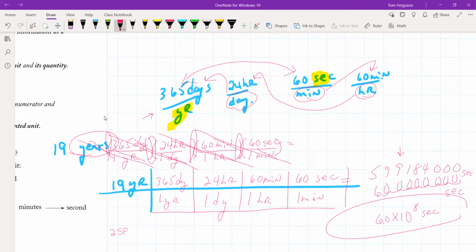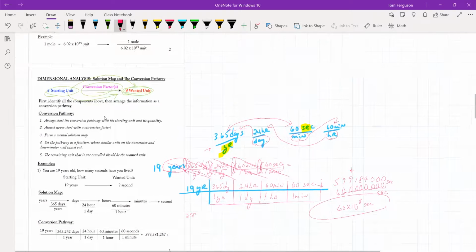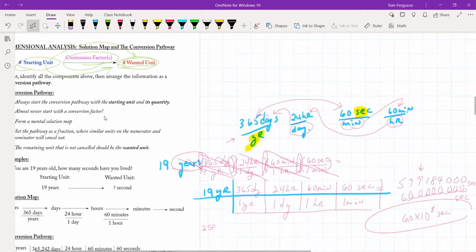So this is a typical multi-step problem. I want to go over this again. This problem has got a lot of important parts to it. What we've done is starting with step number 2, what's the given? 19 years. We're trying to calculate seconds.